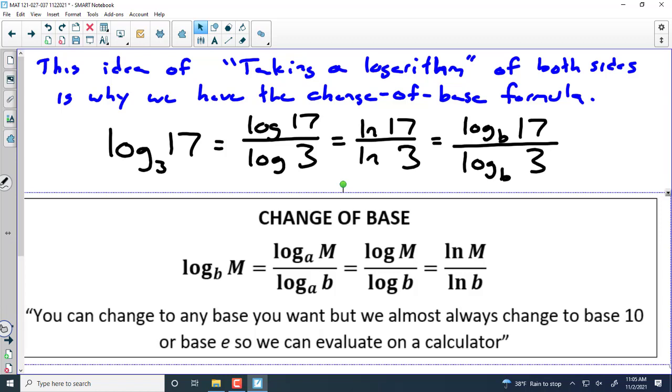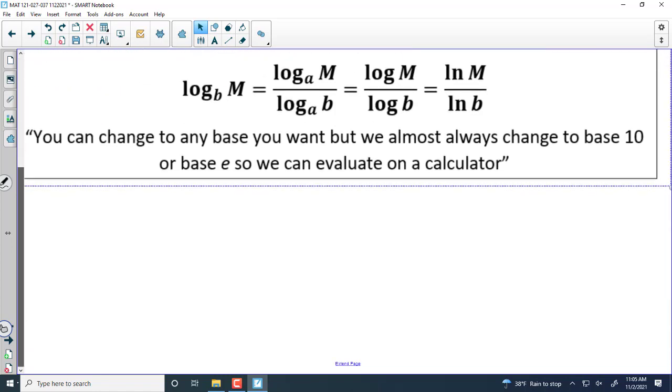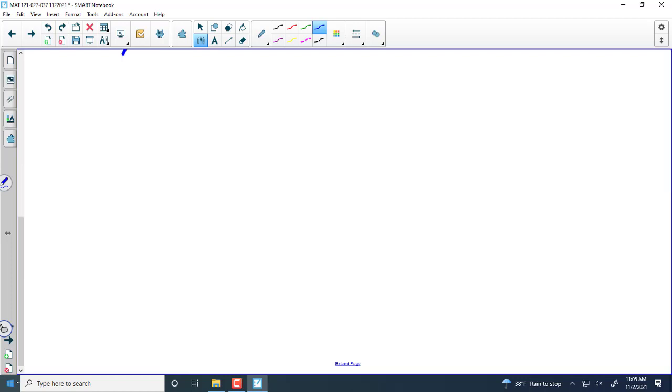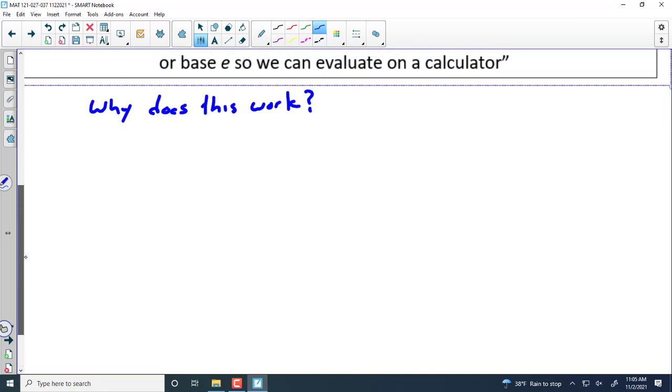You might remember from last class that I told you just to accept that the change of base formula works, and I would show you why it works next class. This is why it works, everyone. Why does this work? All right.